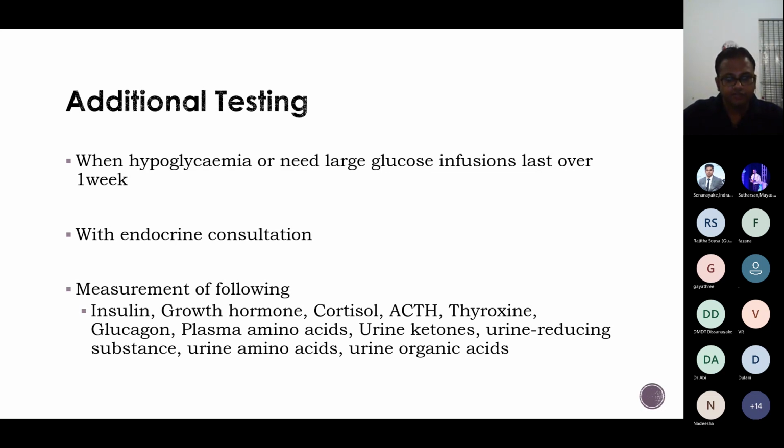The list of hormones we can check: insulin, growth hormone, cortisol, ACTH, thyroxine, glucagon, plasma amino acids, urine ketones, urine reducing substances and amino acids, urine organic acids, and so on.